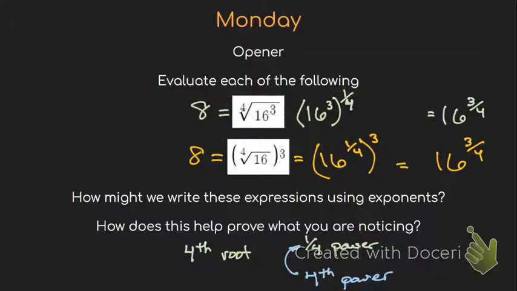The numerator on a fraction exponent is going to be the power. Okay, so the numerator of that exponent is like the power. So it's the third power. Got it? And then the denominator is the root number.